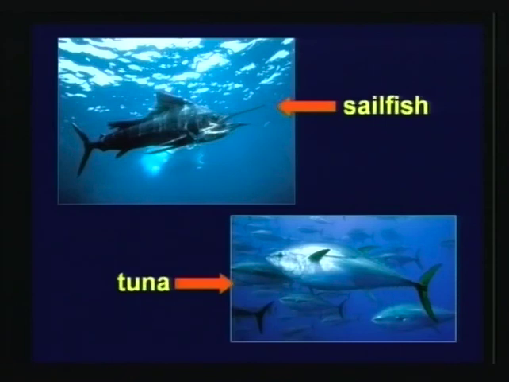One is of a sailfish, one is tuna that is used to make tin fish for you.